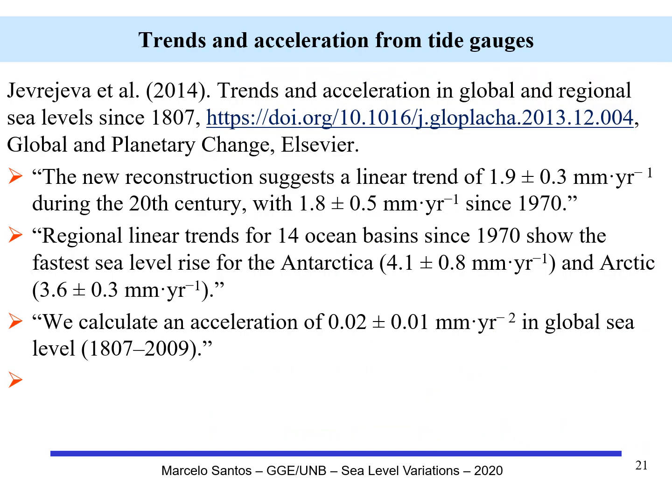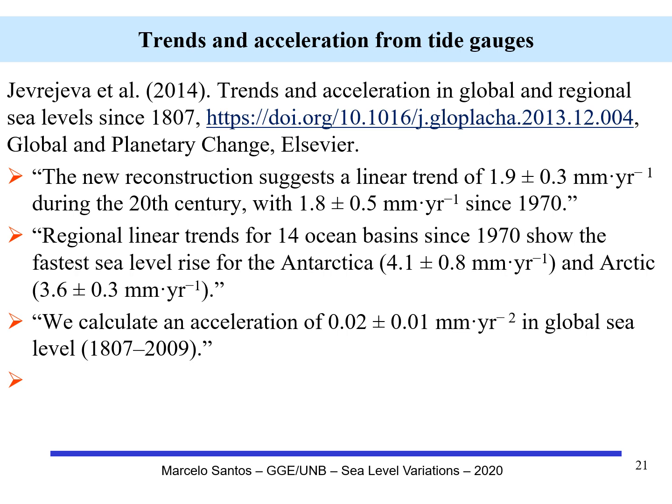A paper written by Jevrejeva et al. in 2014, the latest referenced by the PSMSL, estimated trends and acceleration of global and regional sea levels since 1807. Their results, referred to as reconstruction, suggest a linear trend of 1.9 plus or minus 0.3 millimeters per year during the 20th century, with 1.8 plus or minus 0.5 millimeters per year since 1970.